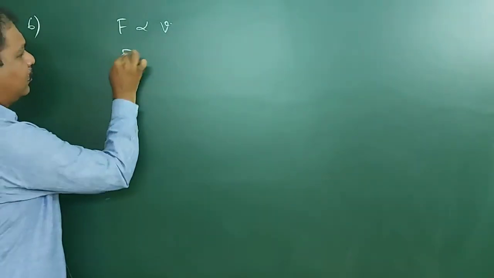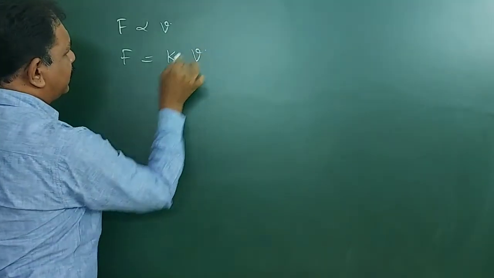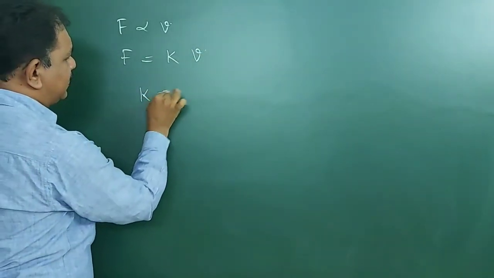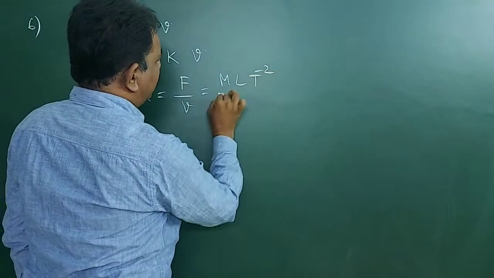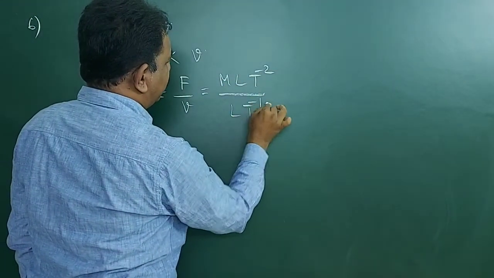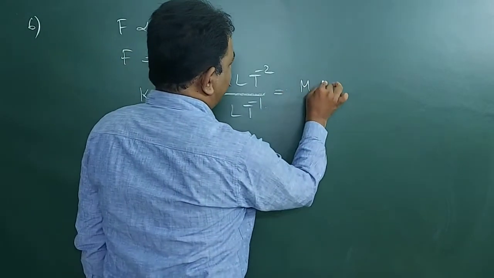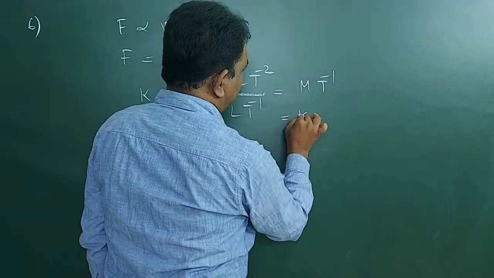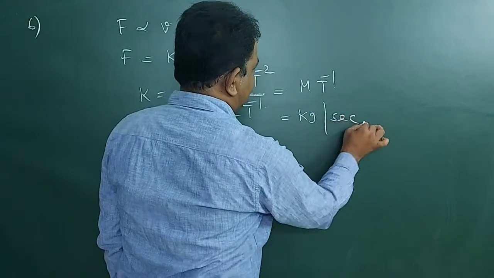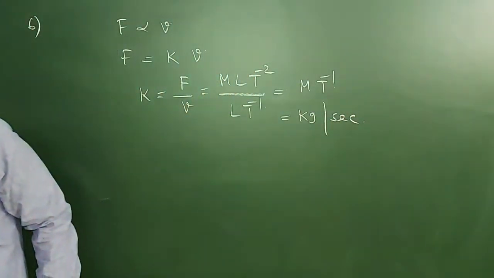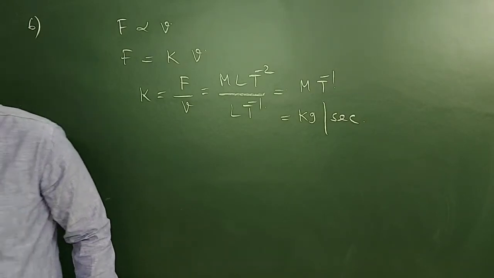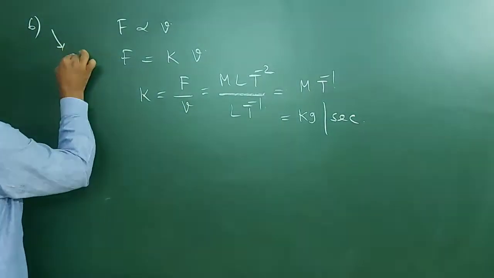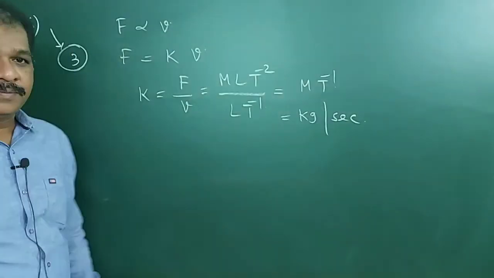Then F is equal to some proportionality constant into V, so K is equal to F by V. That is M L T power minus 2 by L T power minus 1, which is M T power minus 1, kg per second. Unit for that will be kg per second. Sixth question, it will be the third option.